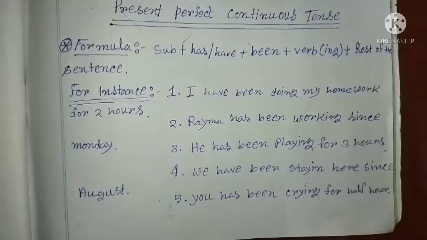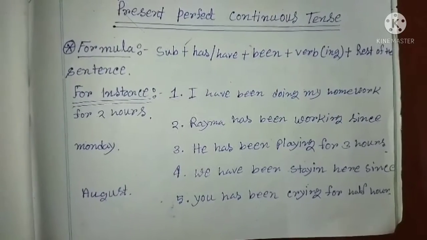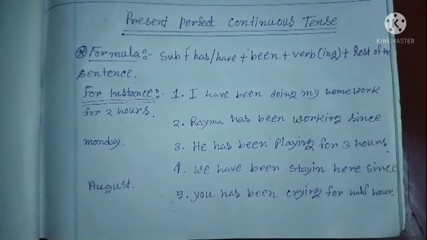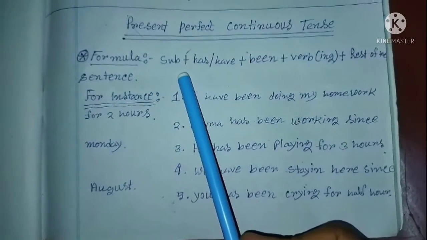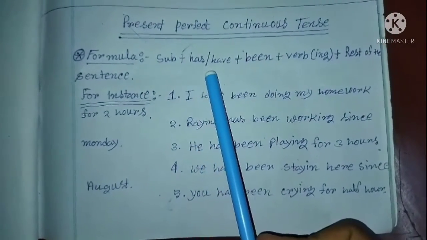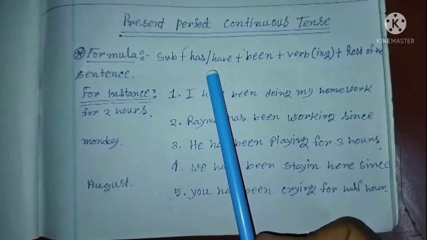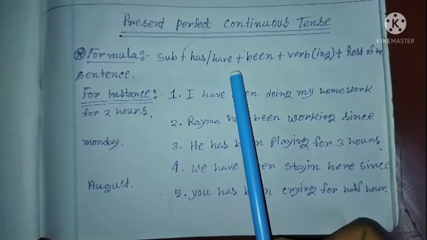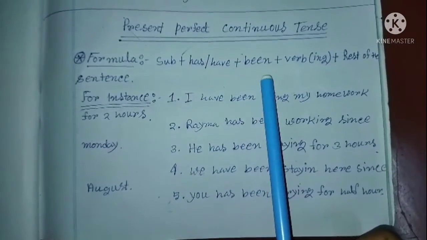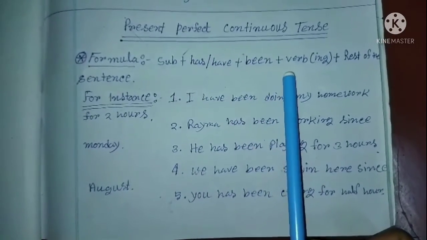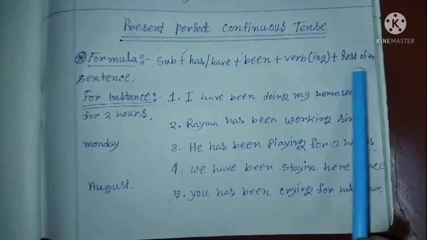Let's have a look at this chart. At first, fix your glance on the formula. At first, write down the subject, and as per the norm of third person singular number, write down has or have, and after that use been, and here the verb with ing and the rest of the sentence.